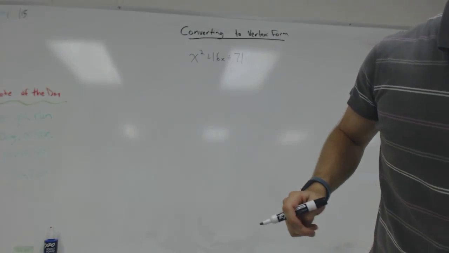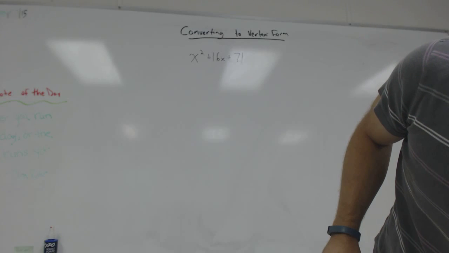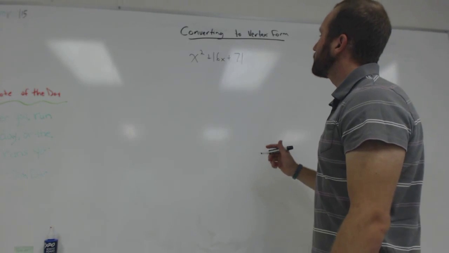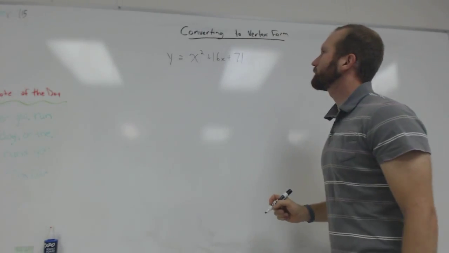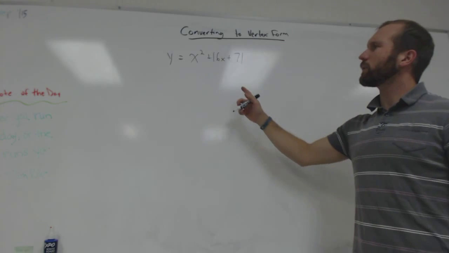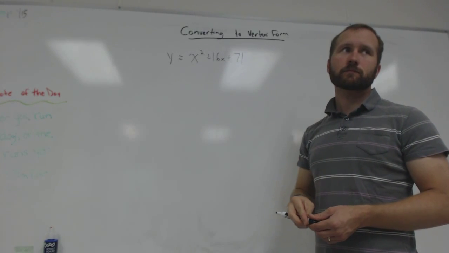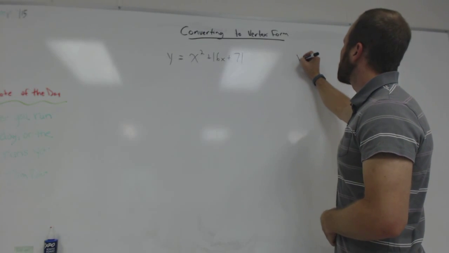So here's an equation that is in whatever we want to call this, standard form. Oops, that's not an equation. This is an equation. If we want to convert this into vertex form, first of all, let's remember what vertex form looks like.